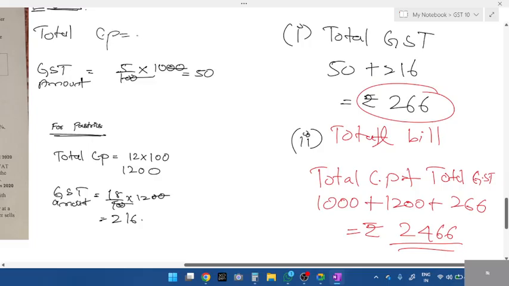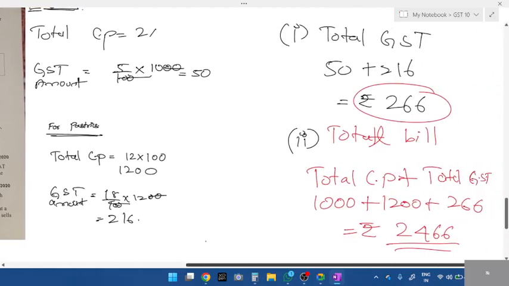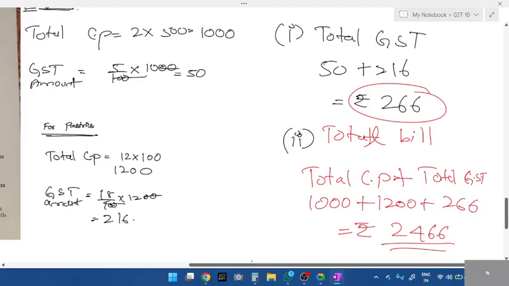Total cost price is equals to 2 into 500. You can do it like this.